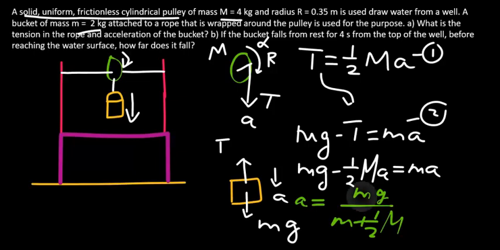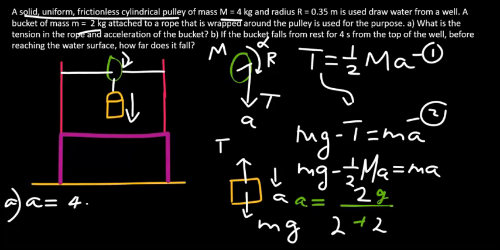So substituting that, you get 2g in the numerator, and then you have 2 here, and this becomes a 4, so entirely it becomes just 2. Taking g to be 9.81 will give you an acceleration of 4.905 meters per second squared.